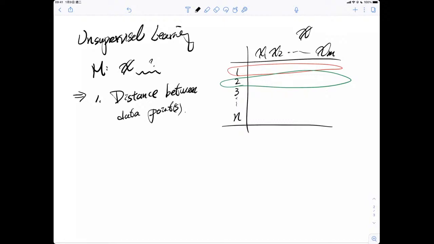Usually, we can draw it in this 2D surface. For example, we simply use x1 and x2. Here is your data point 1, and here is your data point 2.